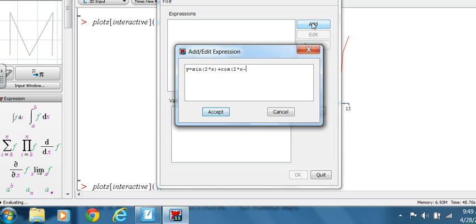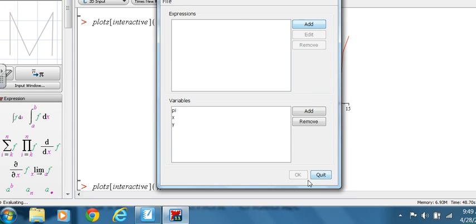Now I'm afraid Maple's going to have to deal with a pi. I think that's pi over 4, but it might be a capital pi. So we'll try it that way first.